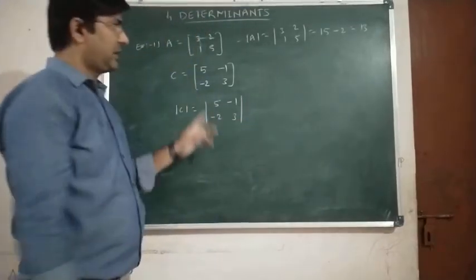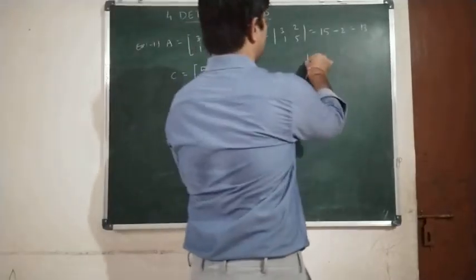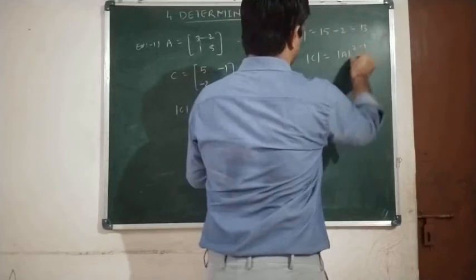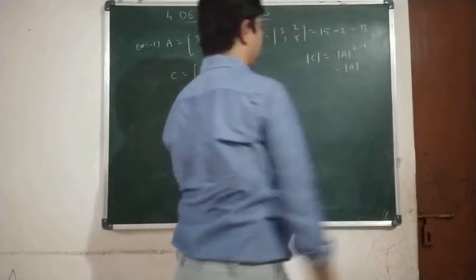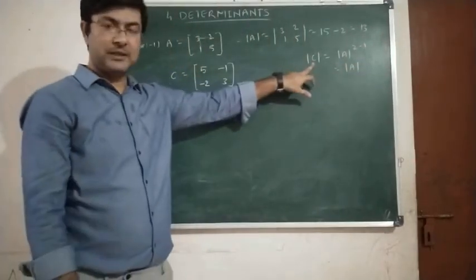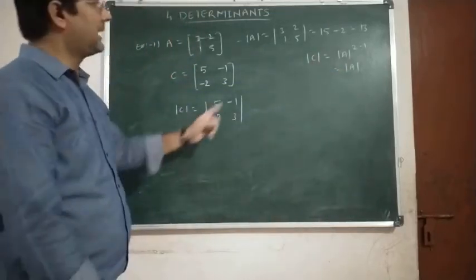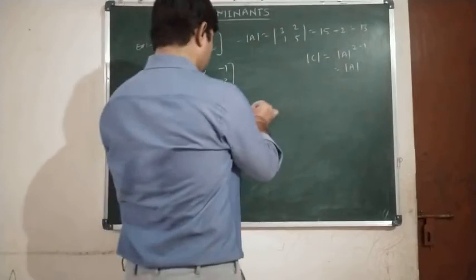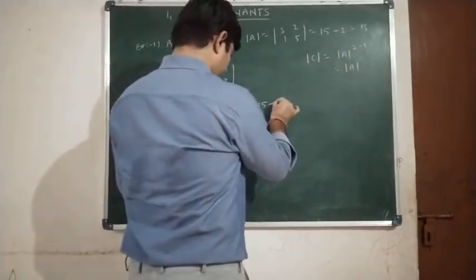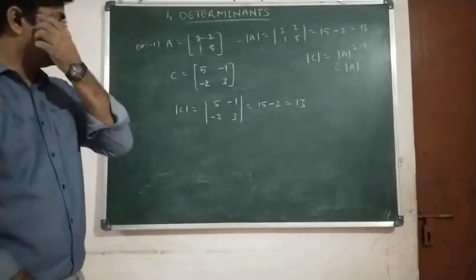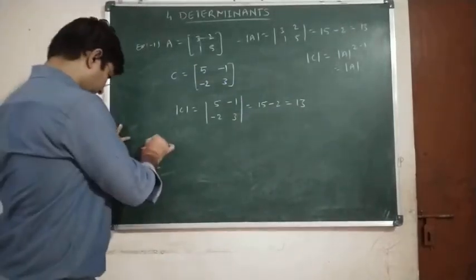What must be the answer? We know that determinant of C is equal to determinant of A raised to 2 minus 1, that is determinant of A. So in this case determinant of C will be equal to determinant of A only. That means the answer must be 13 only. 5 3s are 15 minus 2 is 13. Clear? Yes or no?